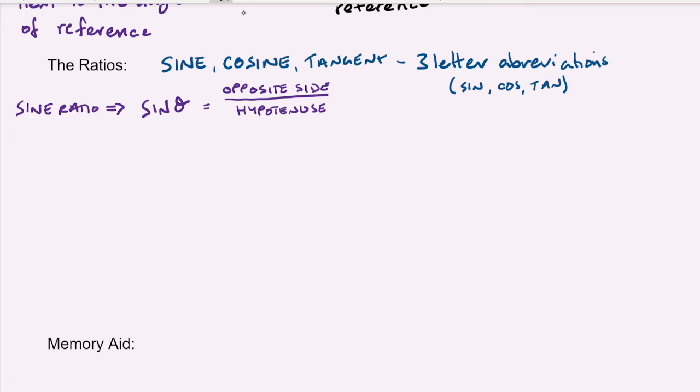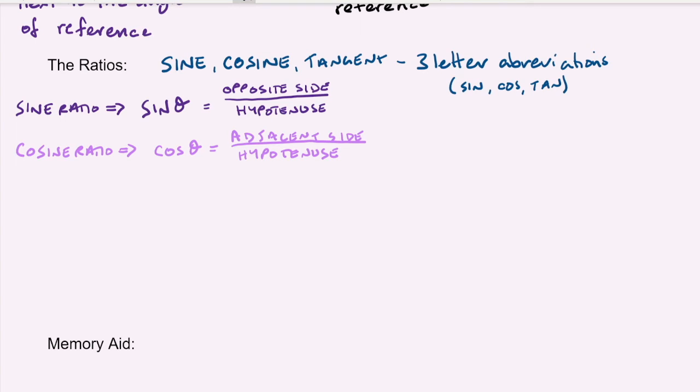Our next ratio down is the cosine ratio, and this one is cos theta. For this one, we have the complement of sine, so we actually need to use the adjacent side, and that's also over the hypotenuse.